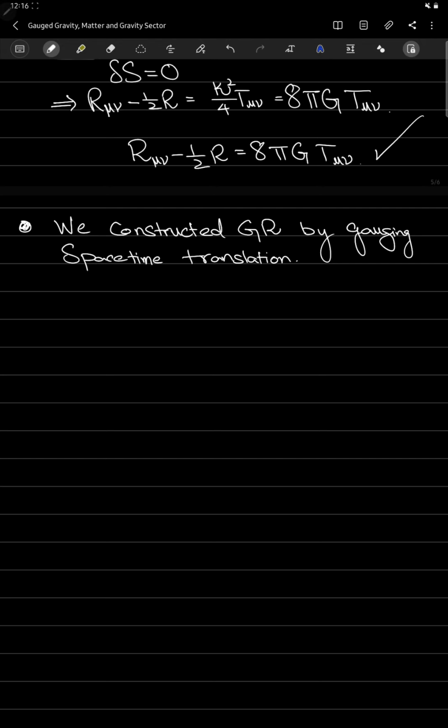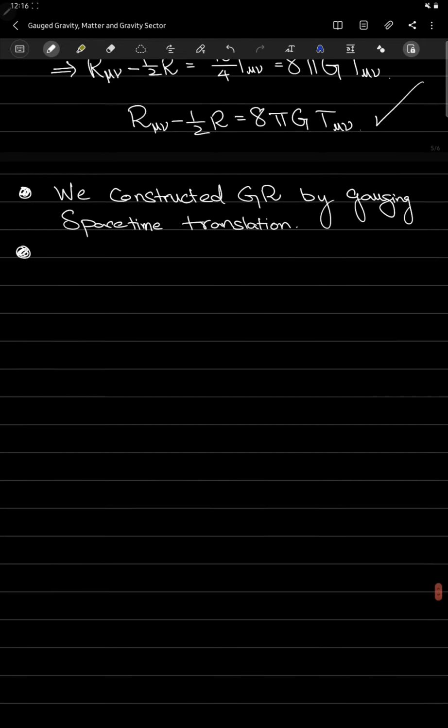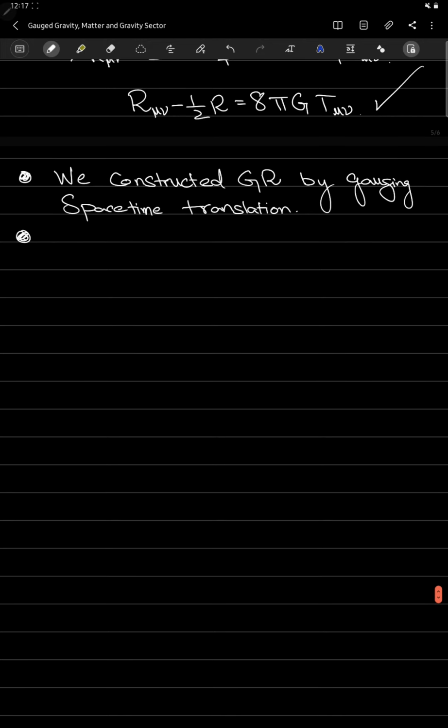And then we found that the matter action S_M gives us the source of the gravitational field, and that source is given by the energy momentum tensor.